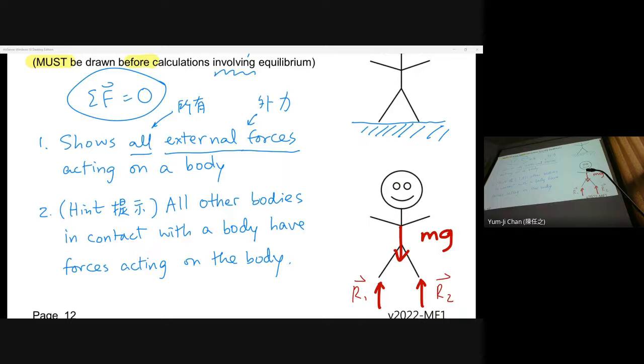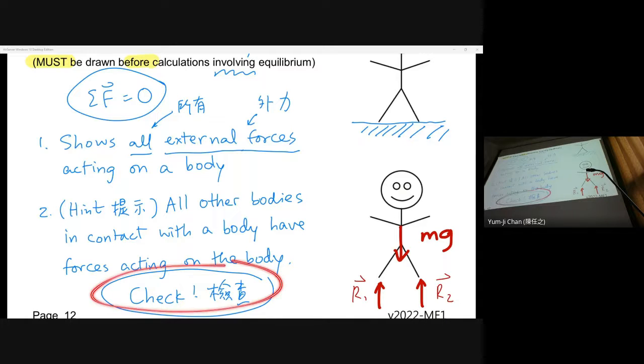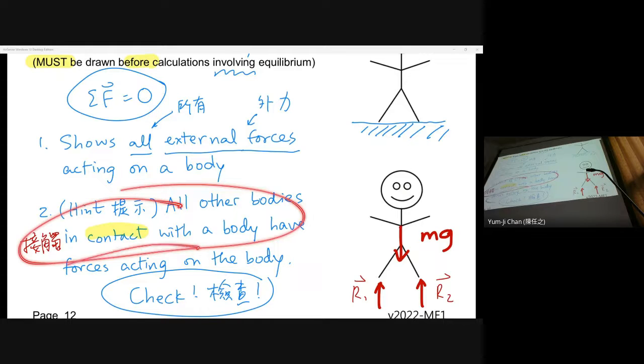So to check if you have all forces, all other bodies in contact, as long as it has contact with the body, should have forces acting on the body.